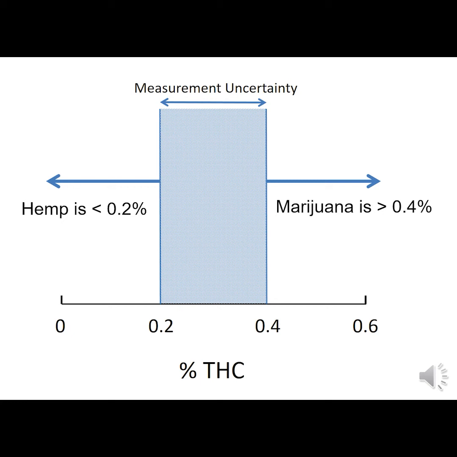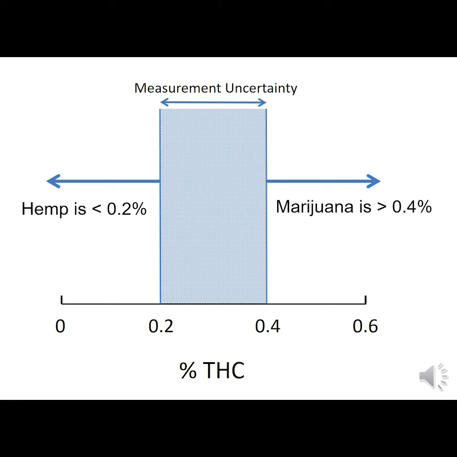There are some disadvantages we see for individual labs determining their own measurement uncertainty, because it adds confusion in terms of a lab providing a result. The measurement uncertainty from one lab may be different from measurement uncertainty in another lab.